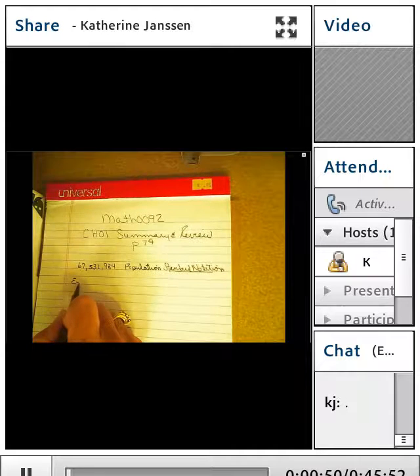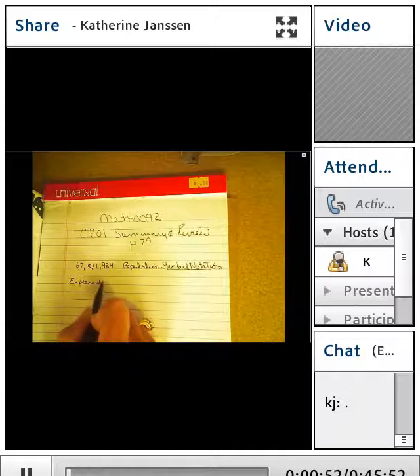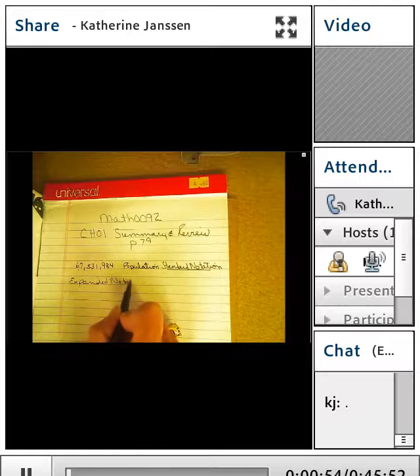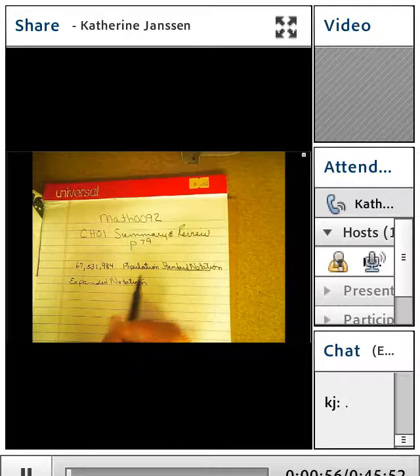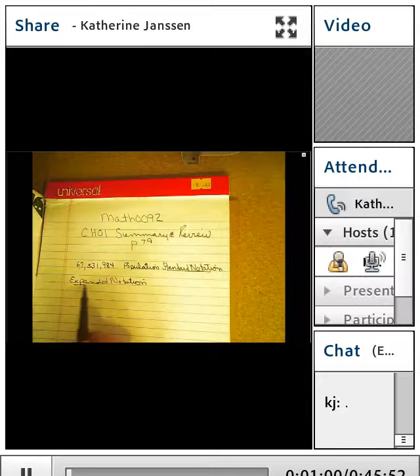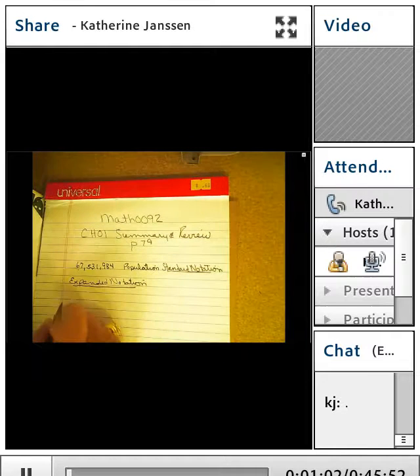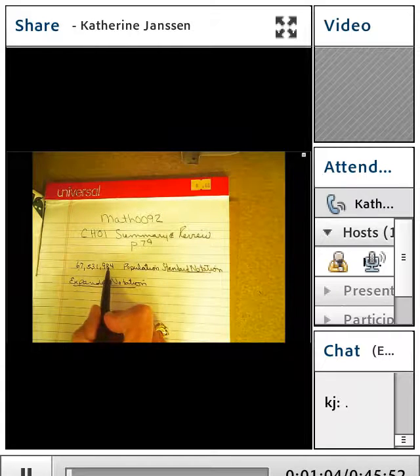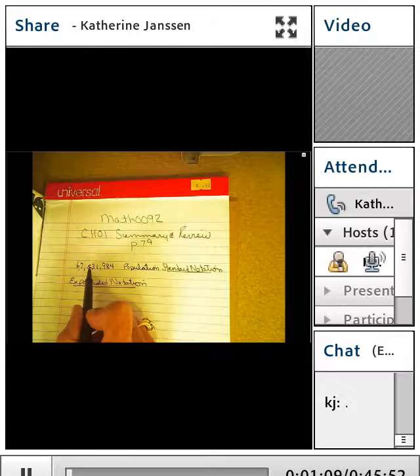expanded notation. So we're representing the same number in different formats, a different notation for this number. So here's the ones, the tens, the hundreds. Here's the 1,000, 10,000, 100,000.